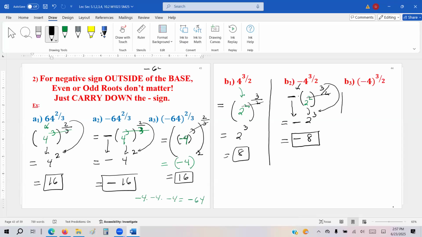Now, who would like to try the next one? Negative 2 square. But what is negative 2 square?